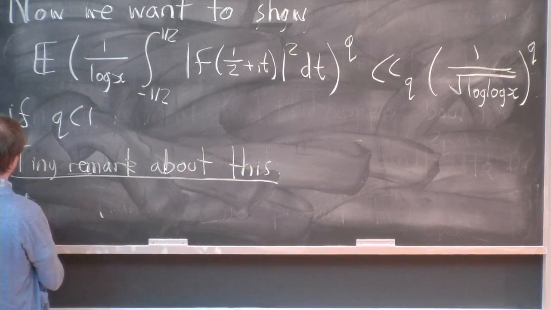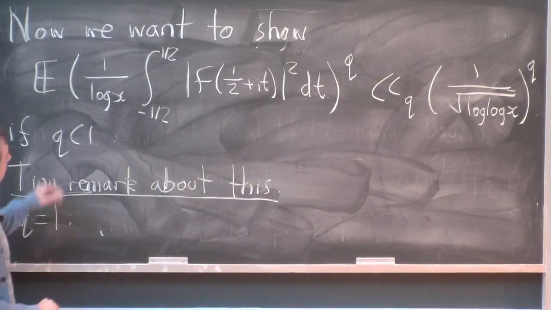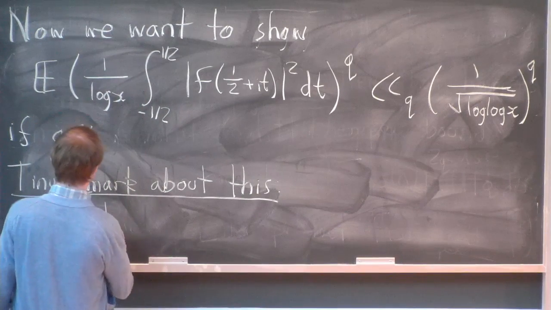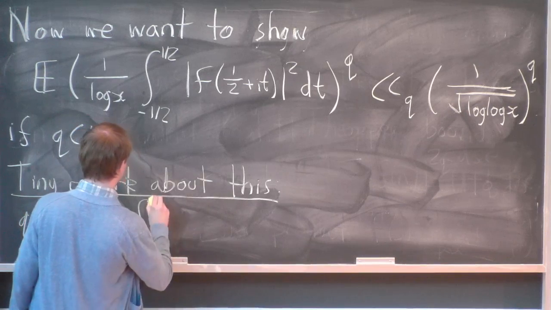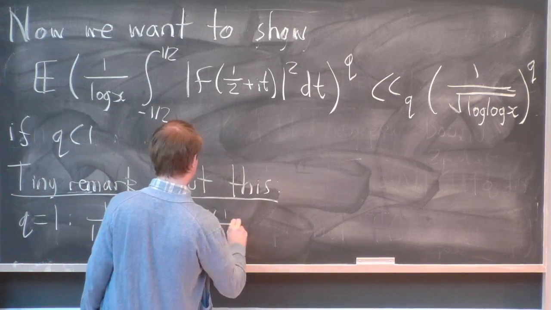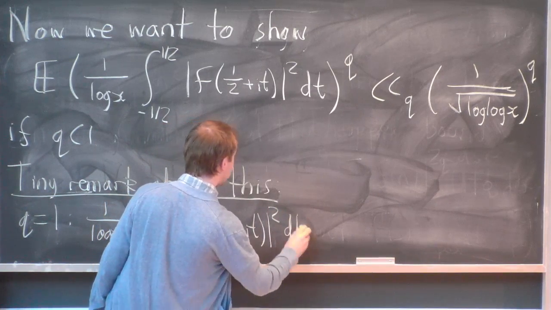So if I take q equals 1, what happens? Well, if q equals 1, then the expectation and the integral can be swapped. So I get 1 over log x, the integral from -1/2 to 1/2, expectation of |f(1/2 + it)|^2 dt.